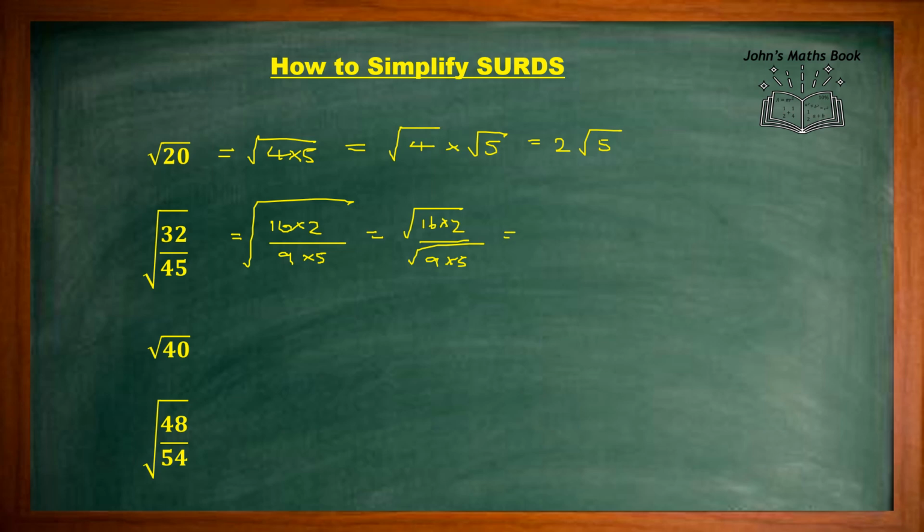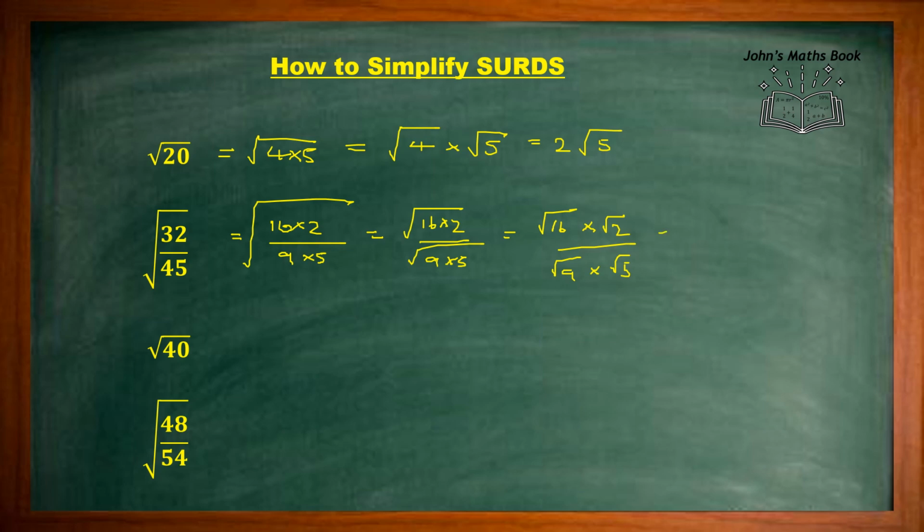So if we take a closer look at the factors, in the numerator we have a factor of 16, which is a perfect square. And in the denominator we have a factor of 9, which is also a perfect square. So we can rewrite this all as the square root of 16 times the square root of 2 divided by the square root of 9 times the square root of 5.